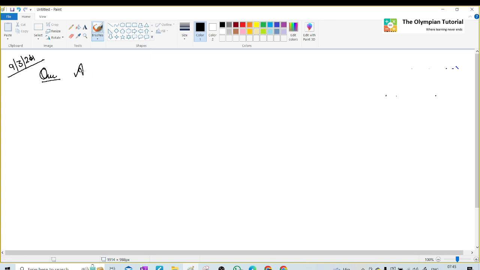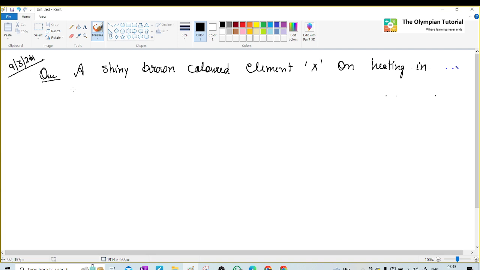A shiny brown colored element X, on heating in air, becomes black in color.